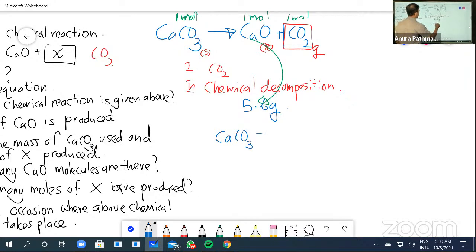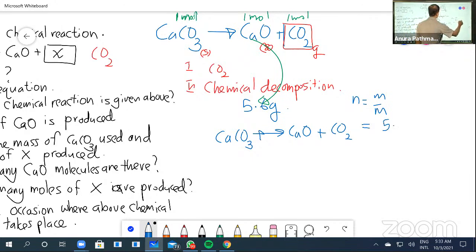Calcium carbonate turns into calcium oxide. So according to n equals small m over capital M, 5.6 is used and 56 gram per mole. You might know why I took 56 here: the capital M of calcium oxide is calcium 40 and oxide 16, which together make 56.